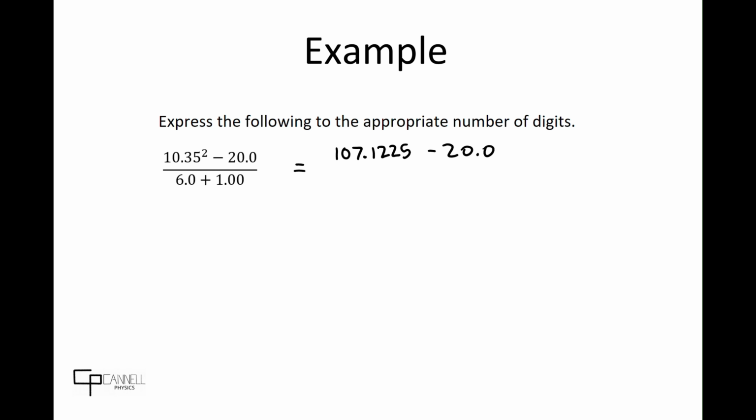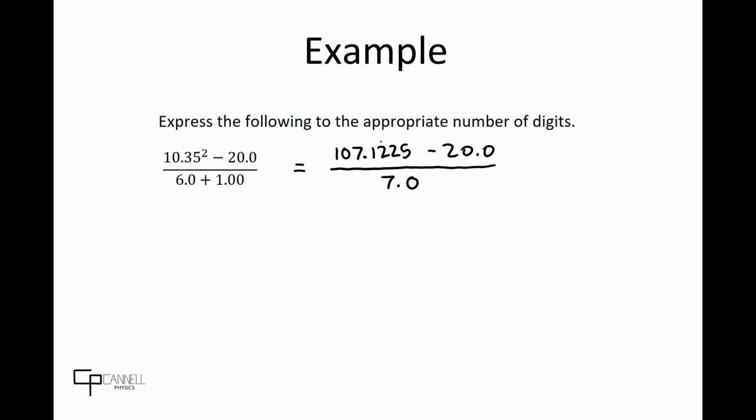Subtract 20.0, and we can deal with the denominator as well, because we're just following BIMDAS here as we go. 6.0 plus 1.00, that's going to be 7.0, because I have to go by the lowest number of decimal places out of 6 and 1. And that's 1 decimal place, so 7.0 is 1 decimal place as well.